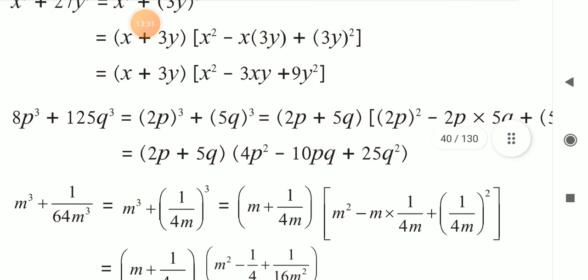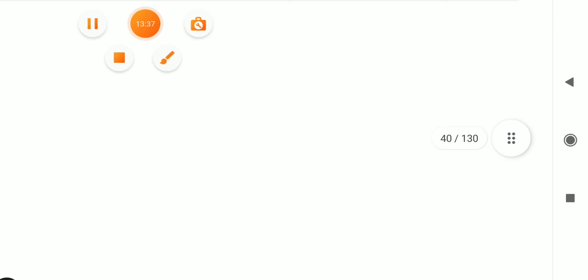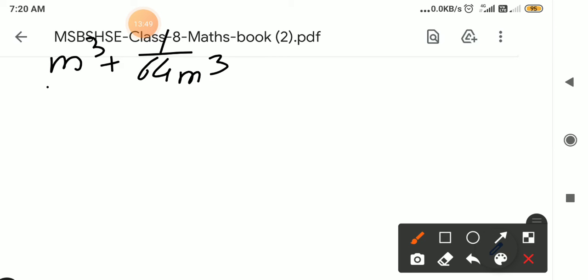Now I will show the factor where there is a fraction. In this question we take m cube plus 1 upon 64 m cube. So I will solve here. What is the question? m cube plus 1 upon 64 m cube. 64 is 4 4s are 16, 16 4s are 64.